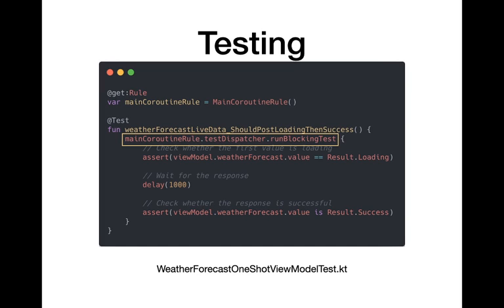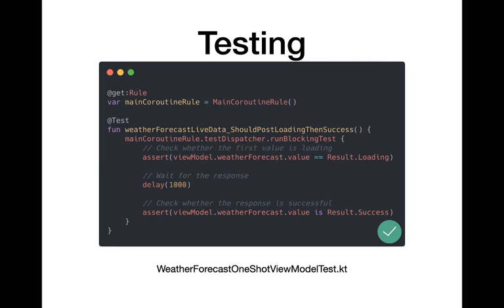Whatever delay is inside the test function, it will skip that delay logically, and you are not going to actually wait for it. For instance, if we are delaying for 1 second here, it will not wait for 1 second. It will just shift the time by 1 second, so you will not actually wait in the test, which is pretty cool. So if you test like this, it's going to pass.